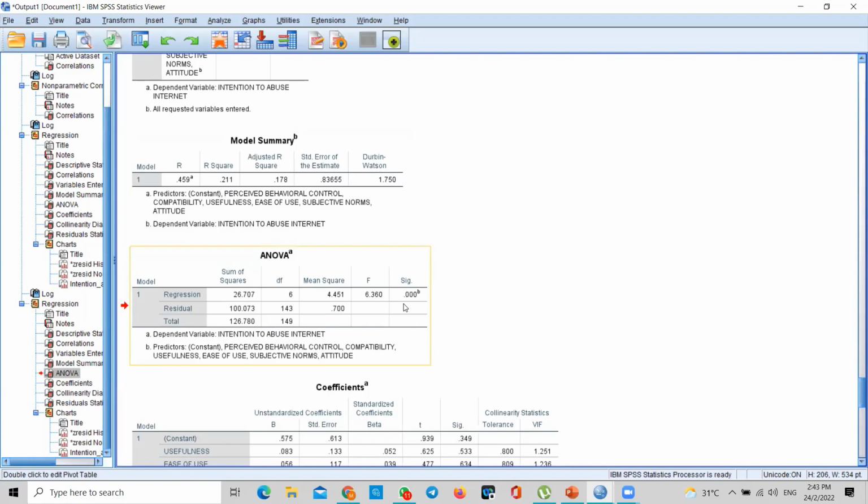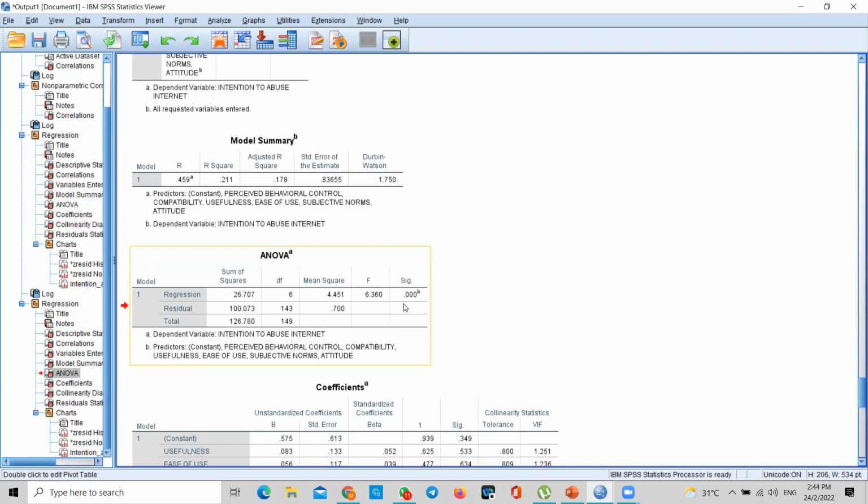If this is not significant, you are in big trouble. This one basically tells you whether you have an adequate model, whether your model is fit or not fit. If this is not significant, it tells you that you do not have an adequate model.